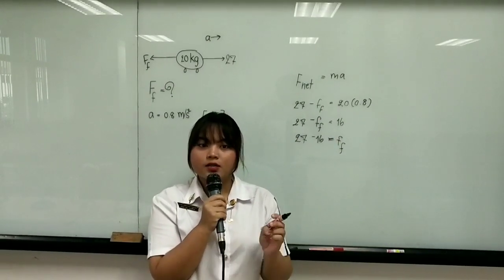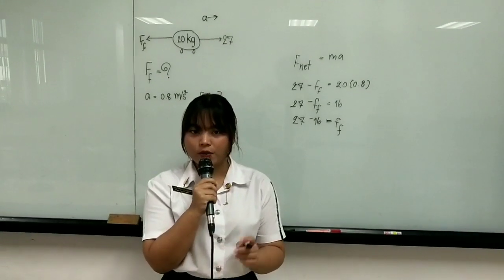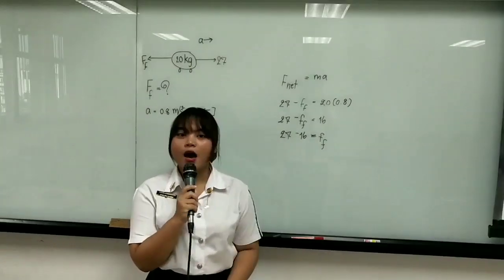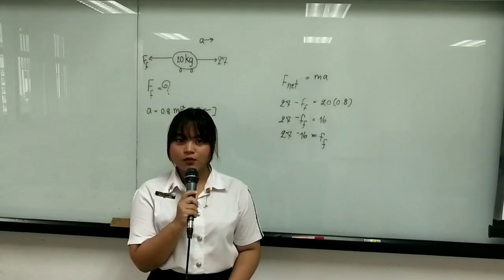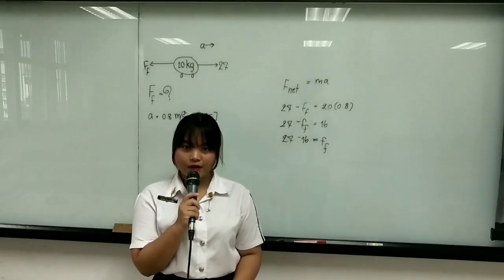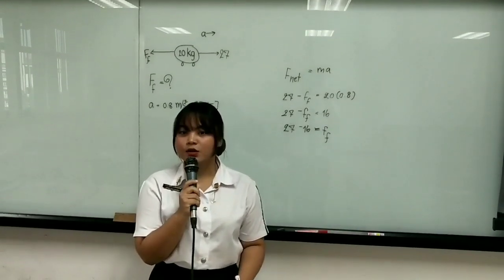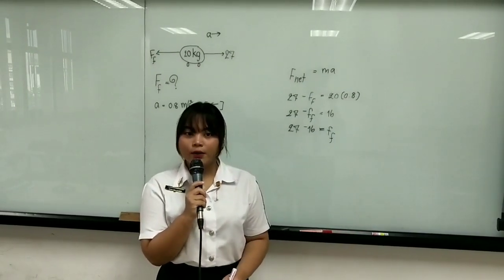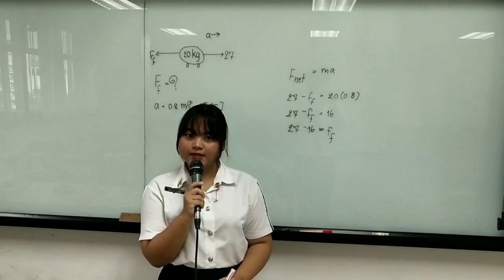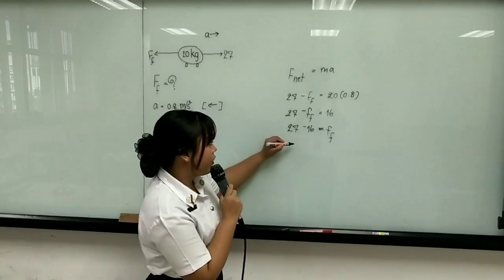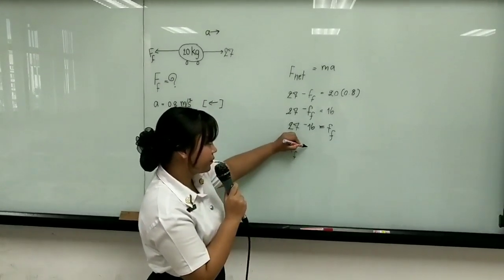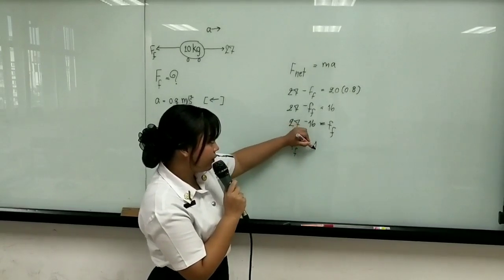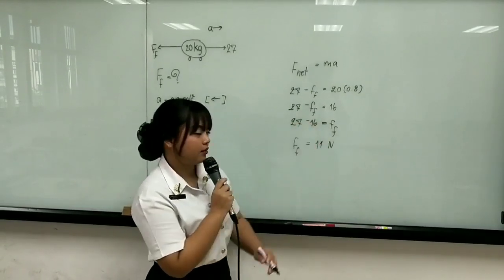I brought the 16 over because it was negative, and I took the force of friction and brought it over because it's positive. So now I know the force of friction is 27 minus 16, which is 11 Newtons.